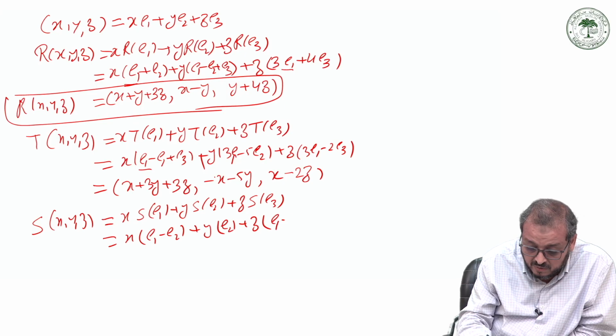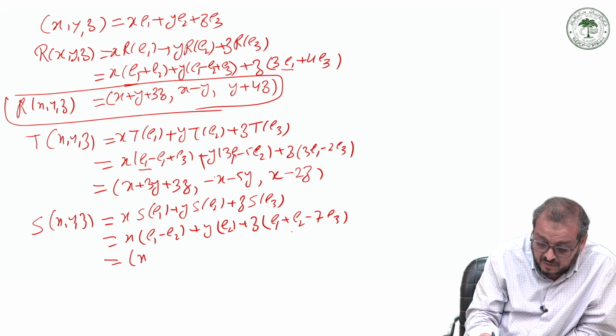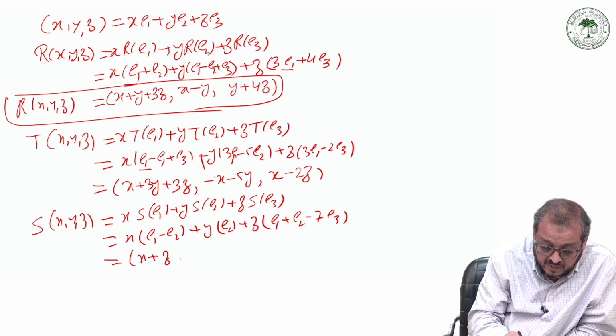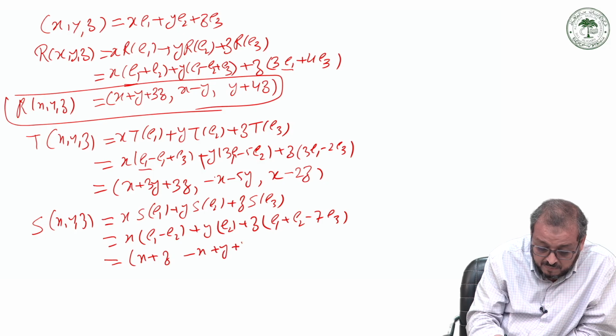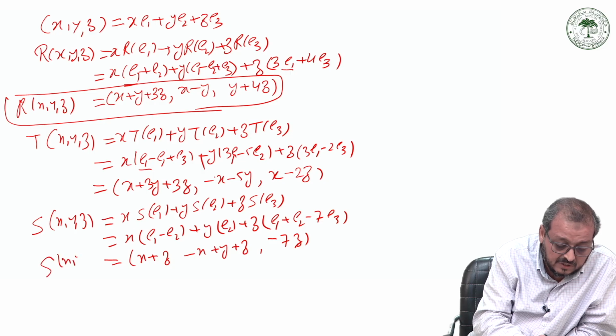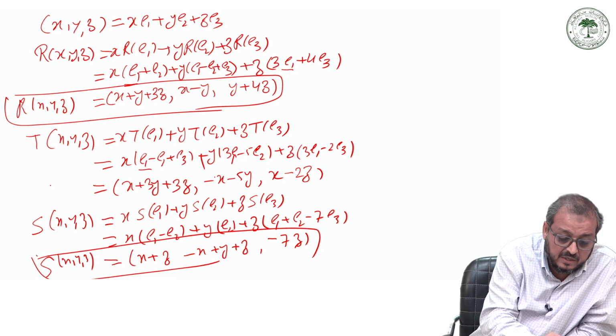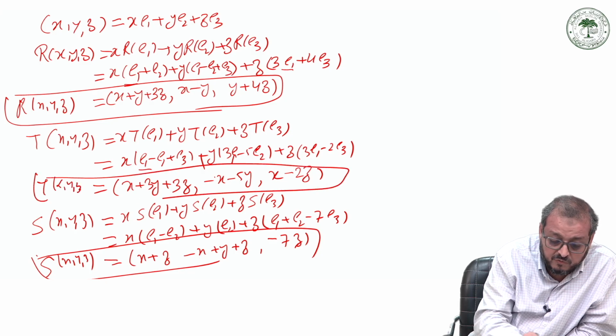So this can be written as x plus z, minus x plus y plus z, and minus 7z. So this is how we define S of x, y, z, and T of x, y, z in this form.